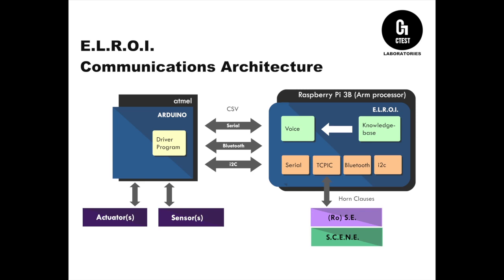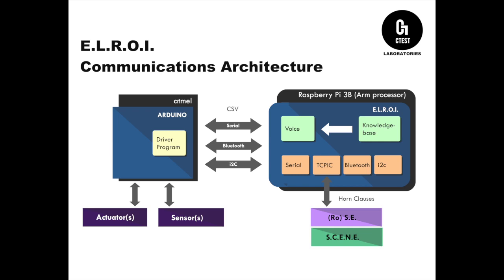We don't want a whole marshalling and decoding process on the Arduino that has to deal with descriptive logics. So at some point we have to get the descriptive logics code down to something simpler and faster, and that takes up less space. And CSV is as far as we're willing to compromise.